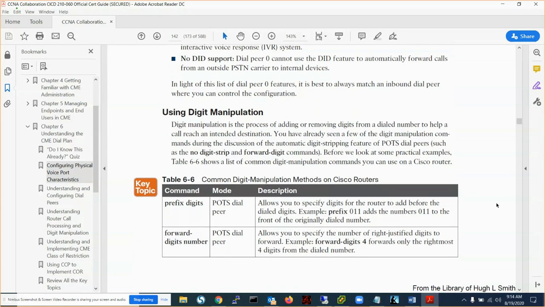So you go down to digit manipulation, where you can add and remove digits and so on. We kind of touched on this yesterday, with the no digit strip command or forward digits and so on. You have a table here with prefix digits where you can prefix.